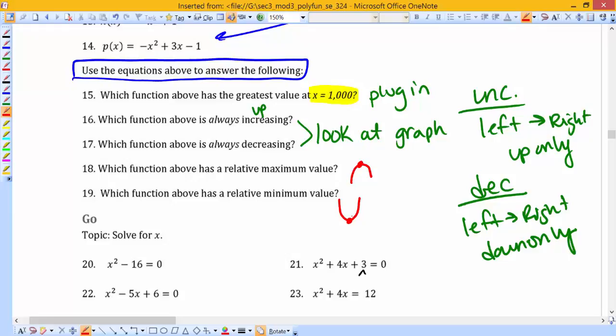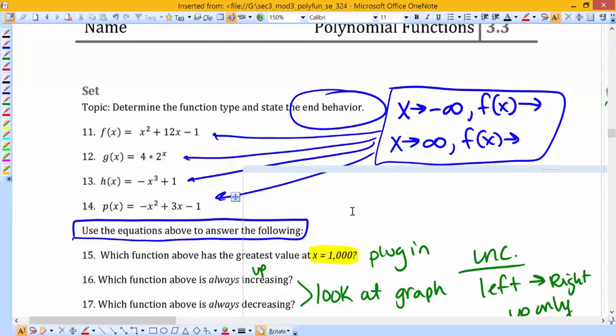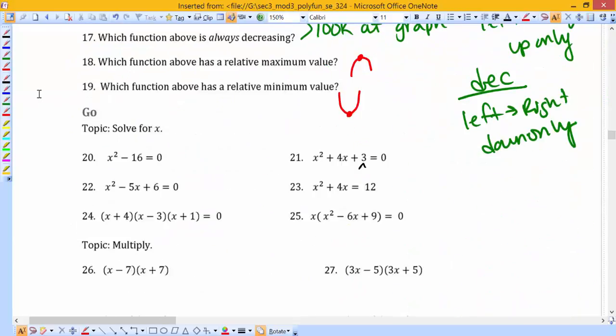So you have to be able to pick from 11 through 14 which ones are going up, which ones are going down, which ones have the peaks, which ones don't have the peaks. All right, that's the set. If there's any other terms that you don't know, Google them, and that might help you with a definition or two.